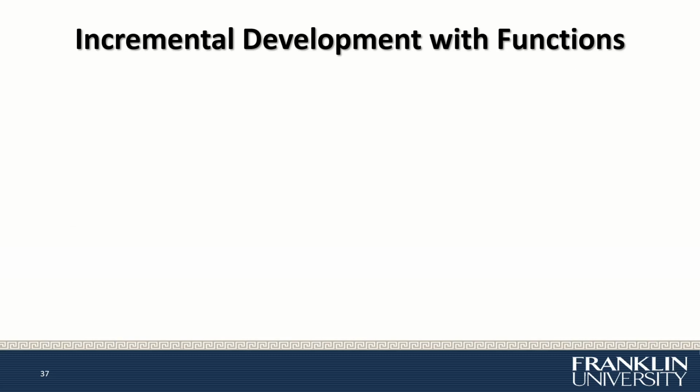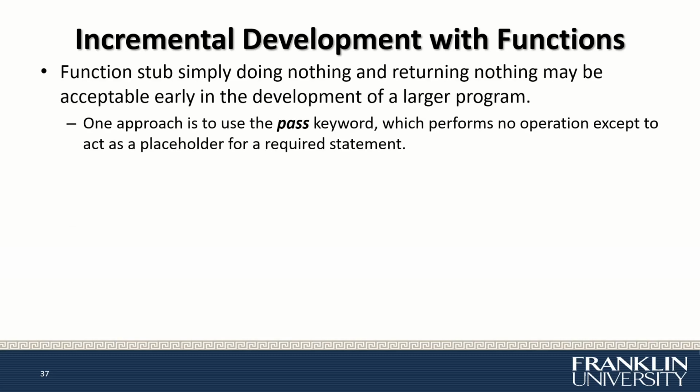So how do I do incremental development? A function stub simply doing nothing and returning nothing may be acceptable early in the development of a larger program. One approach, and you have seen me using that, is the pass keyword, which performs no operation except act as a placeholder for a required statement. So pass is just like do nothing.